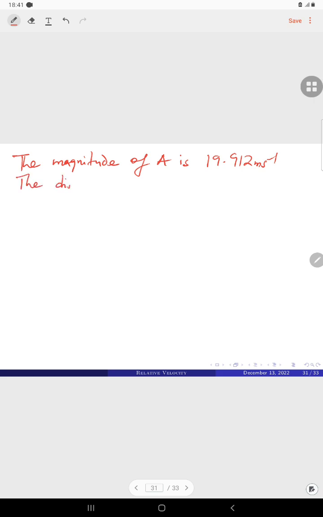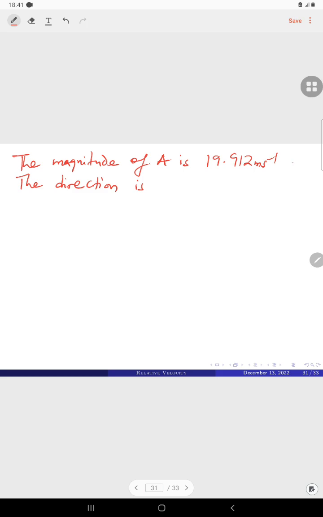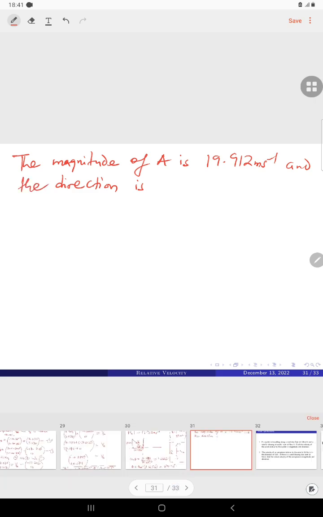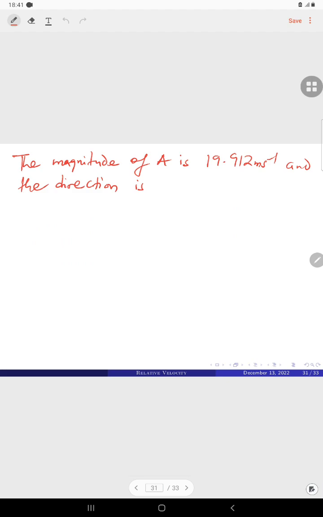The direction is 59. But check the diagram. West theta, west 59.02 degrees north, right?